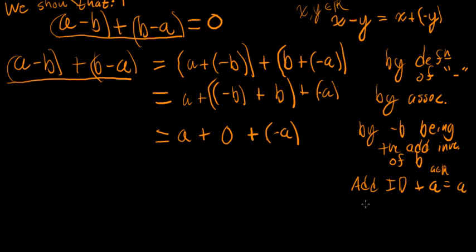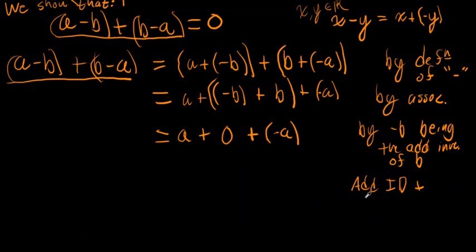And same with the multiplicative identity: the multiplicative identity times a is equal to a. Again, this right here is 0, the additive identity, and this right here is 1, the multiplicative identity. This is just a quick reminder of what those terms mean.